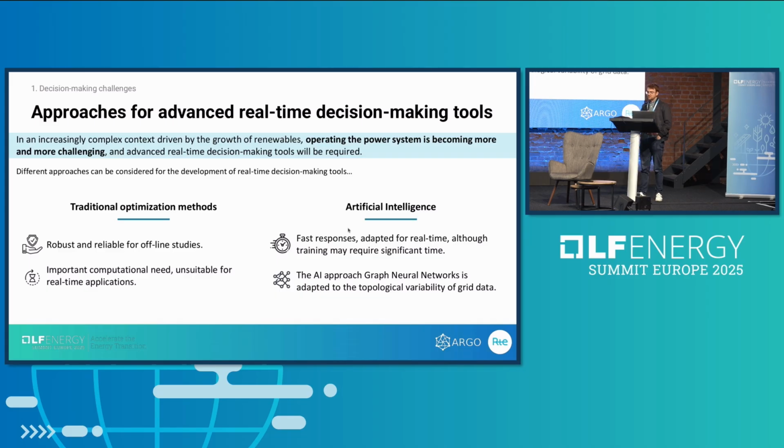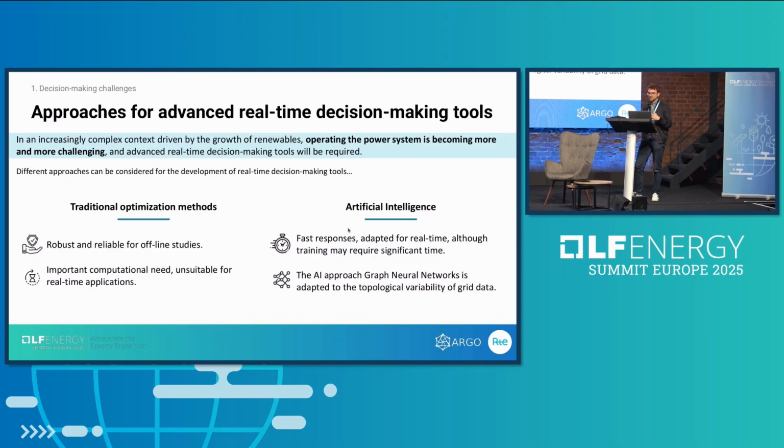So that's why we are investigating the use of AI, because they are very fast. Neural networks are able to produce predictions really quickly. So they are well suited for real-time operations, even though you do not have any theoretical guarantee, and even though the training can be extensively long and expensive.